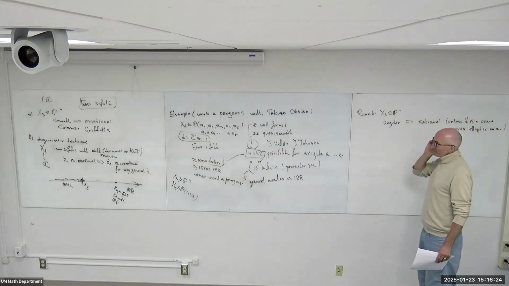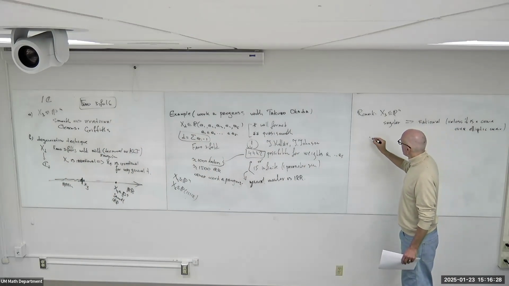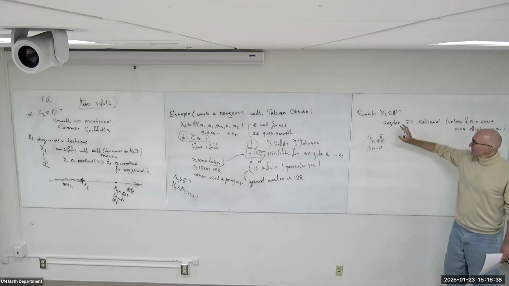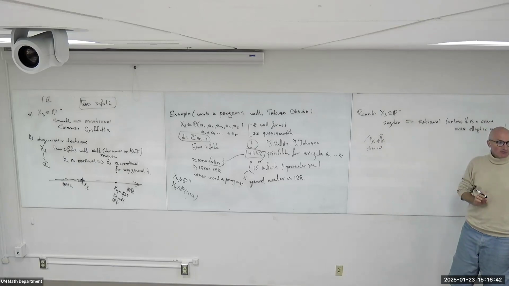Okay, so nothing interesting. But if you consider now the problem over an arbitrary field, say for simplicity, let's keep characteristic 0, but not algebraically closed, then we don't know the answer to the rationality question.